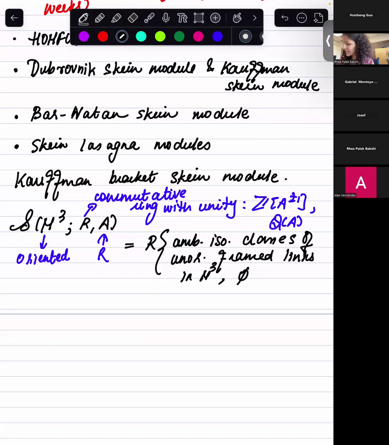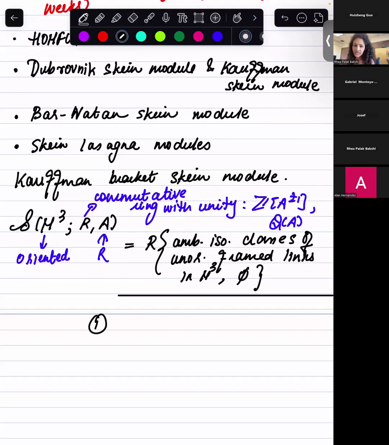We also include the empty link in here. Though for this talk, we won't really need the empty link, but when you want to define an algebra, then the empty link becomes necessary. Maybe I'll show one computation where the empty link really does become necessary for even modules. So we do include the empty link, though in its initial definitions, the empty link was not included.